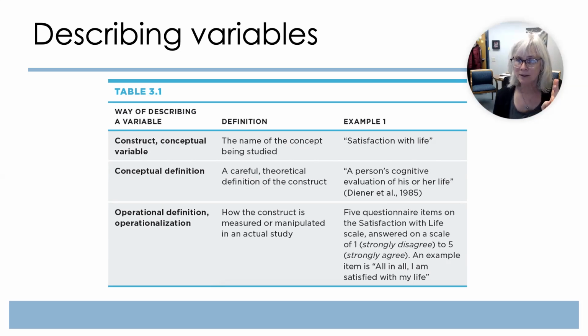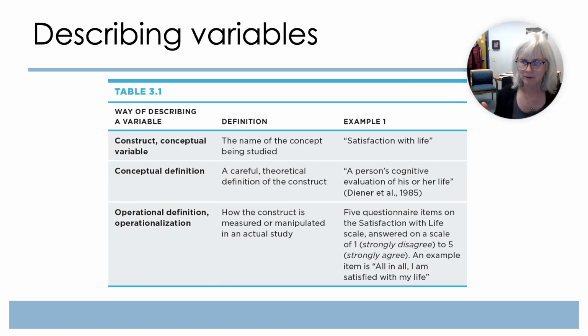The third piece is our operational definition. So this is how the construct is actually measured or manipulated in an actual study. So for example, we have 5 questionnaire items on the satisfaction with life scale that are answered on a scale from 1 to 5.